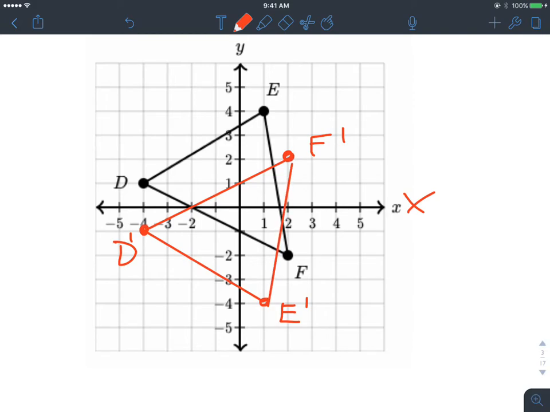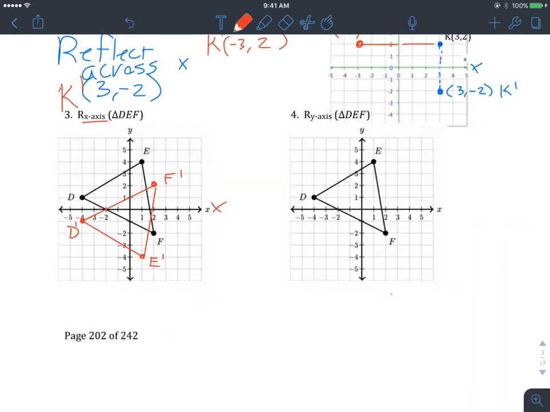And then I always go back and look. I actually tilt my paper so I can see if it's the same thing, left and right. It's hard to do that on the screen, but if you tilt your head, you can see everything's the same along the x-axis. So that's a reflection.